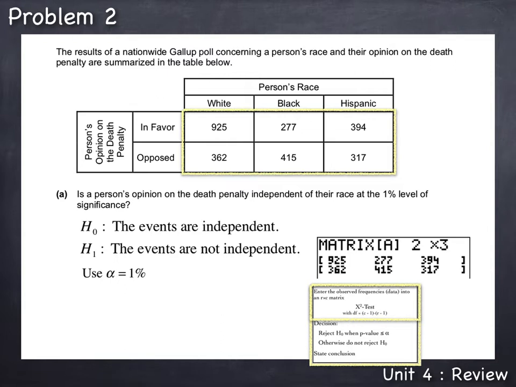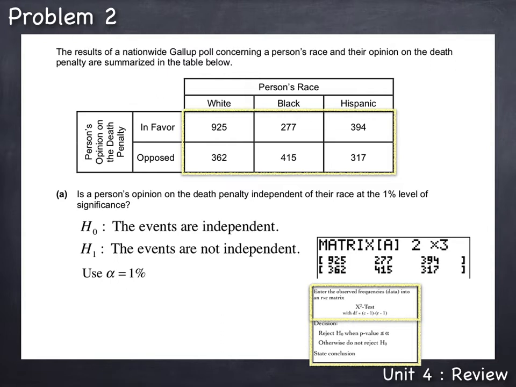So the first data value we enter is 925, Enter. Then 277, Enter. Then 394, Enter. With the first row entered, the calculator takes us to the second row. Again, entering the data from left to right, we type in 362, Enter, 415, Enter, and 317, Enter.